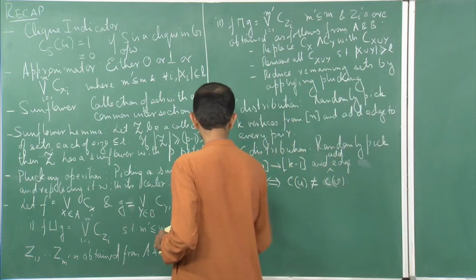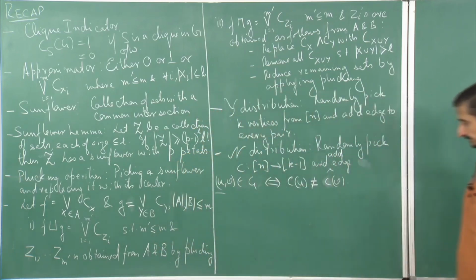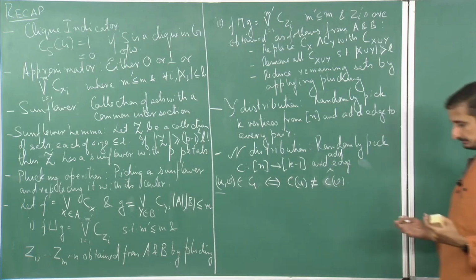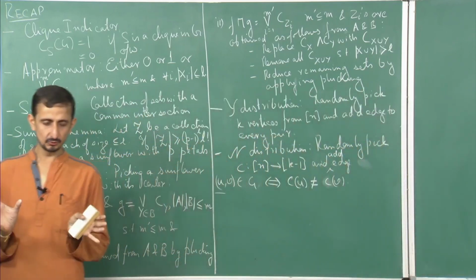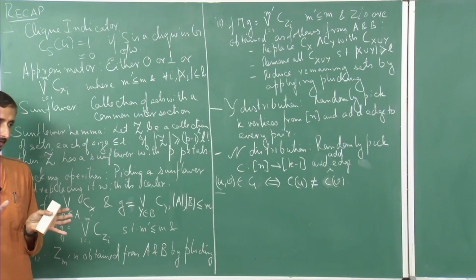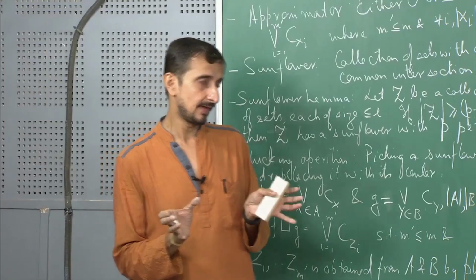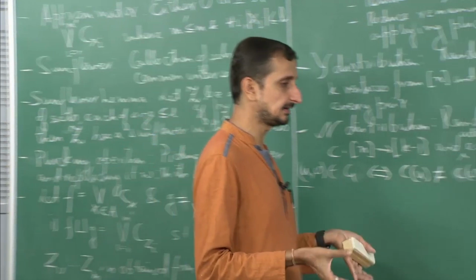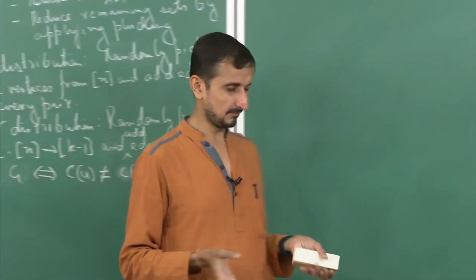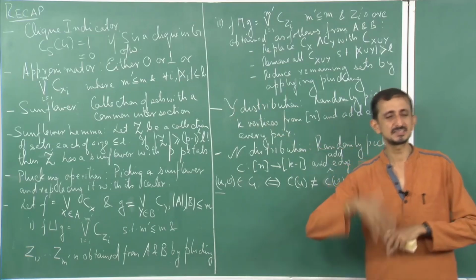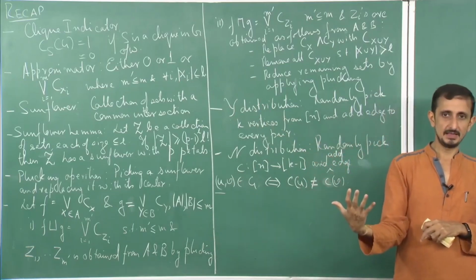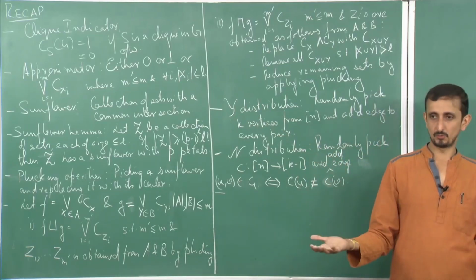So this is what we have seen so far. Now how do we proceed? As I said, the idea of the proof is we will show the following. If a monotone circuit, an approximator, computes clique, then it must have some large size, it must have size bigger than some quantity.